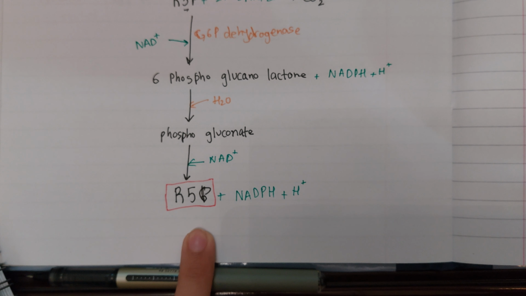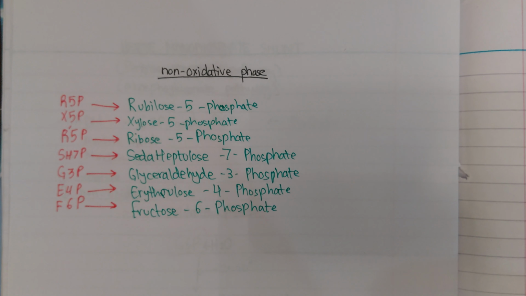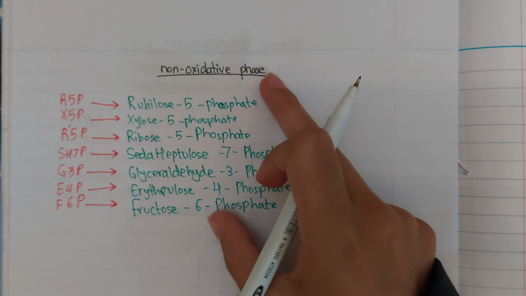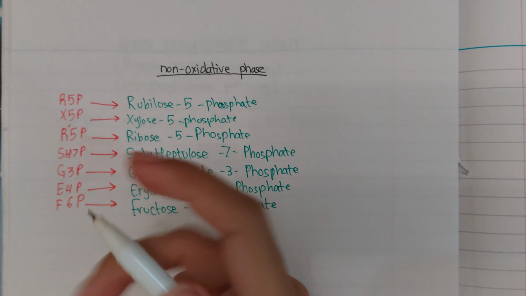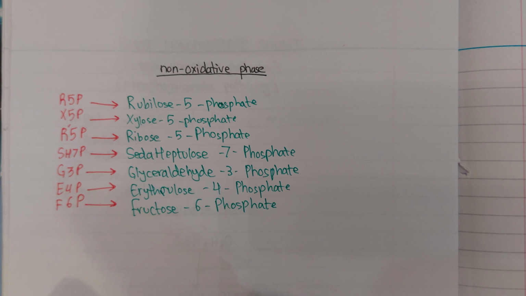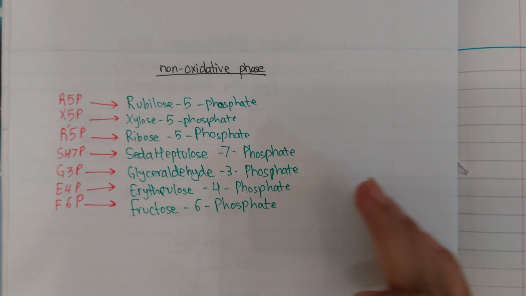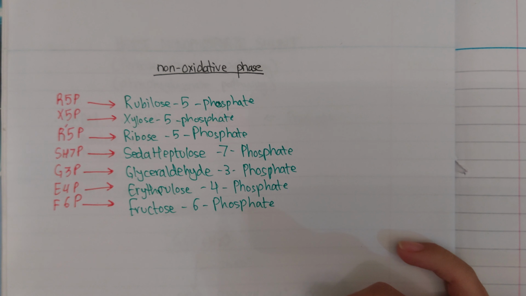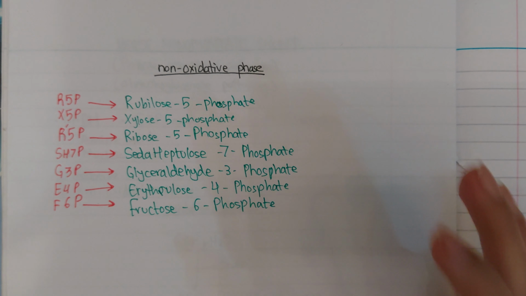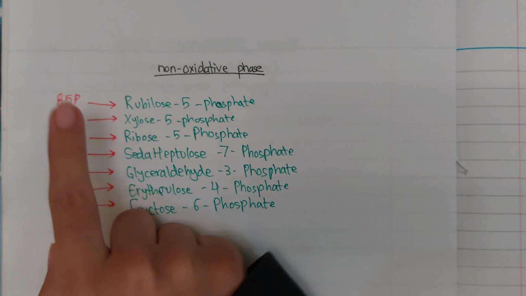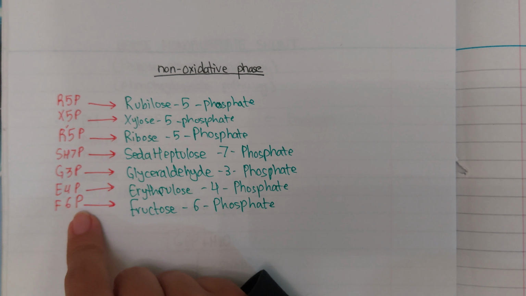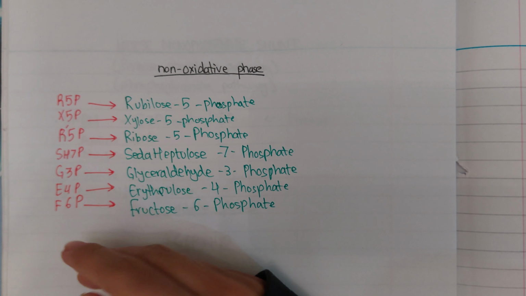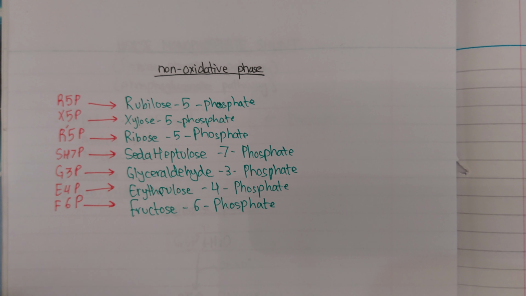To make things easier, I wrote all of these names in their abbreviated forms, because we are going to make a tree or a cycle or a chain of reactions. To make those reactions easier to understand, I will be using these abbreviations, so you can look them up in case you are confused.